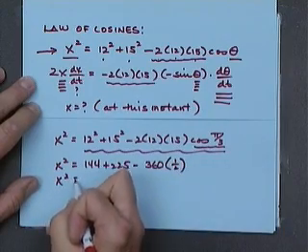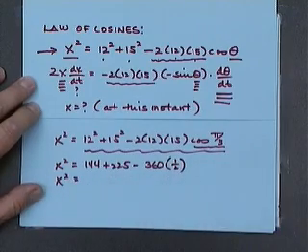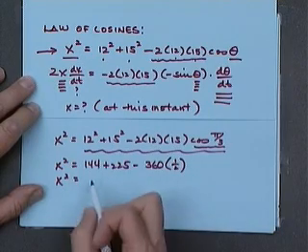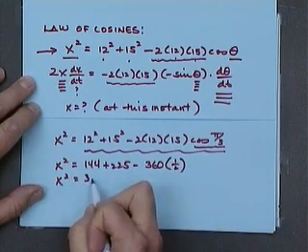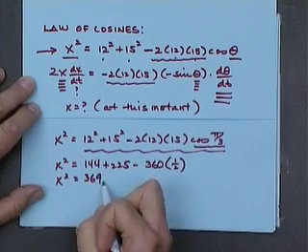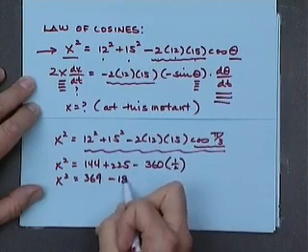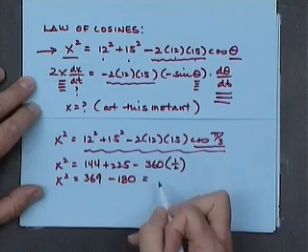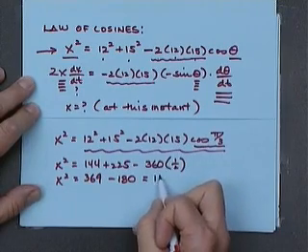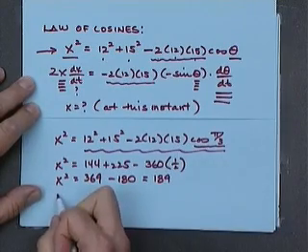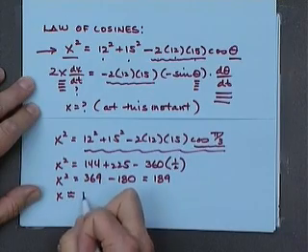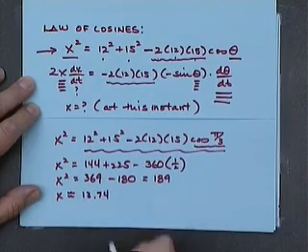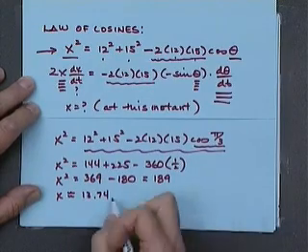So it's all arithmetic. What do we have here? 369 minus 180, 189. Is that a perfect square? No. The square root is about 13.7477.